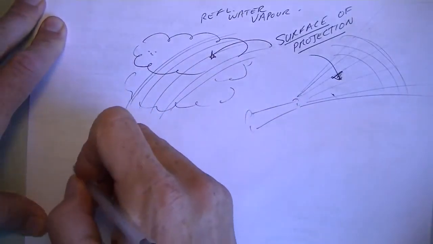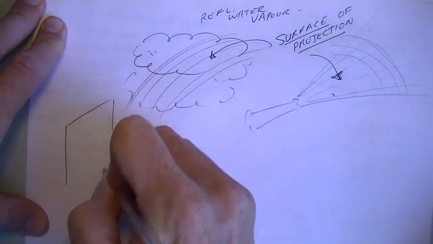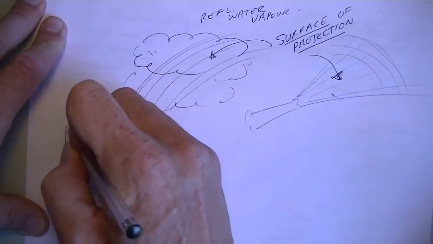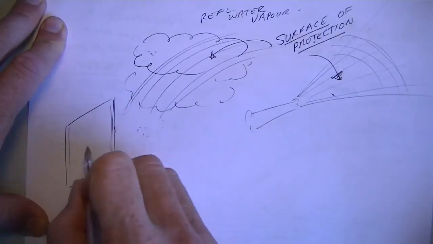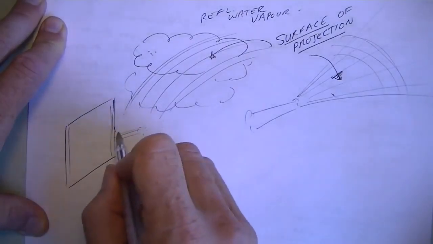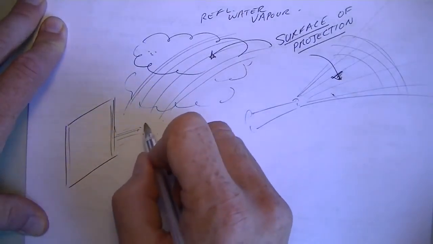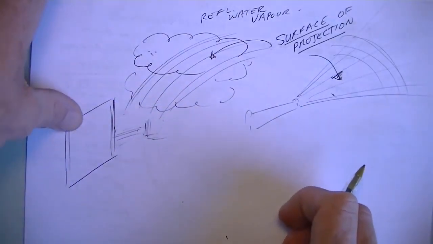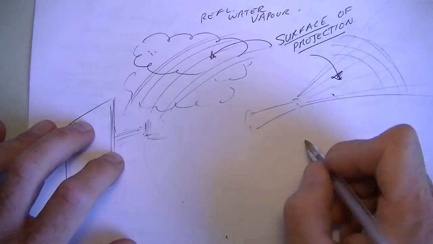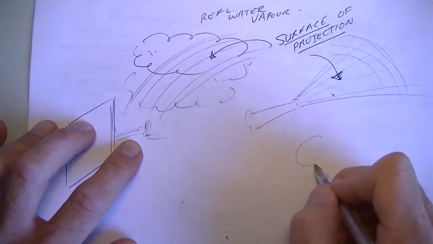If you shine sunlight through a square, like if you're inside a room and there's a square window and there's water vapor inside the room, you're going to get a square. You're going to get a straight-edge rainbow. That's all it is. Same thing, you can shine a flashlight. Some flashlights you can actually create a rainbow.